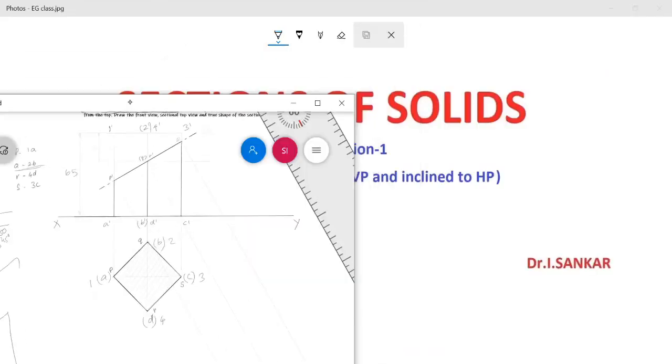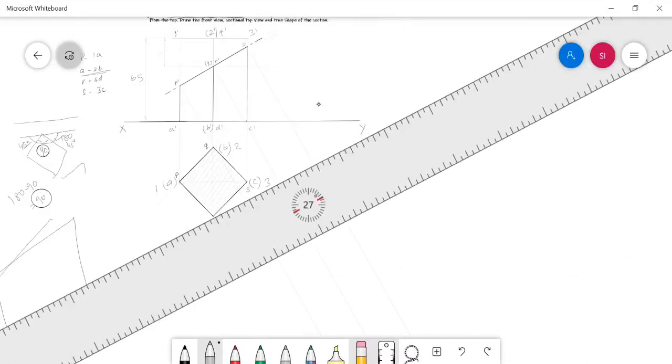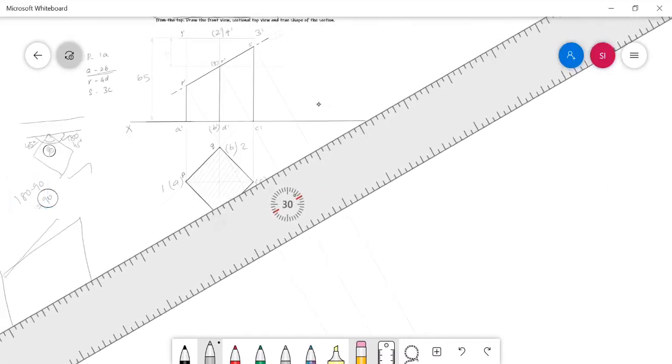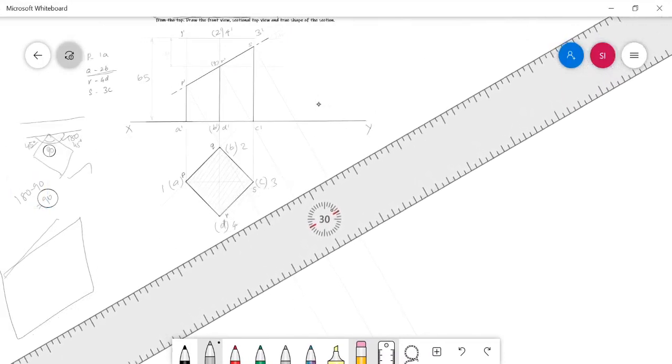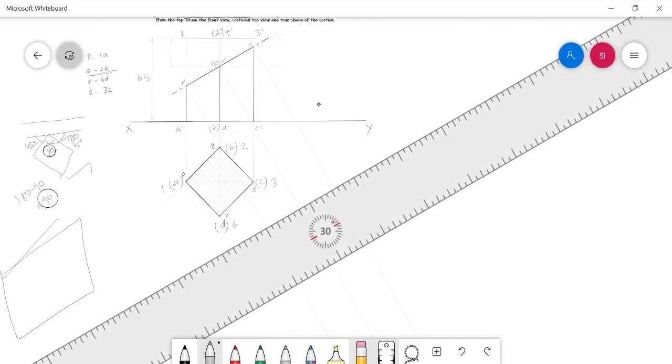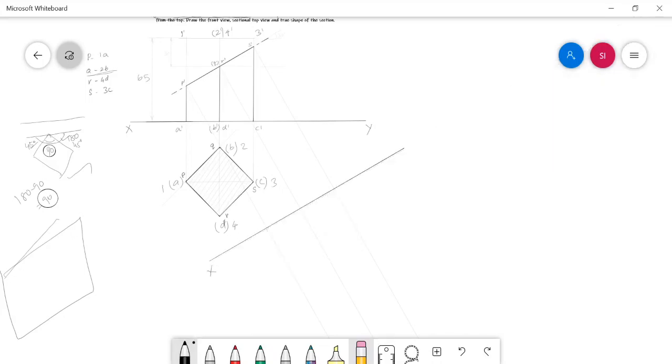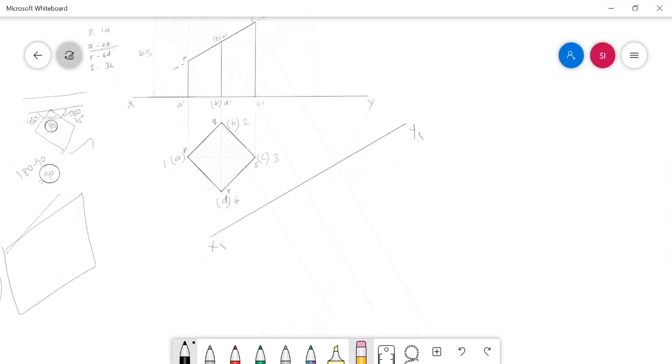And now at a convenient place, I have to draw an auxiliary reference line which is parallel to the cutting plane. This auxiliary reference line should be parallel to the cutting plane. It's marked as x1 y1. And now we have to mark the cut points P, Q, R, S again on this auxiliary reference line.